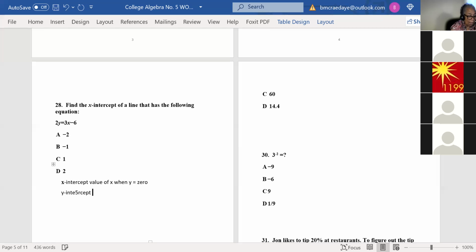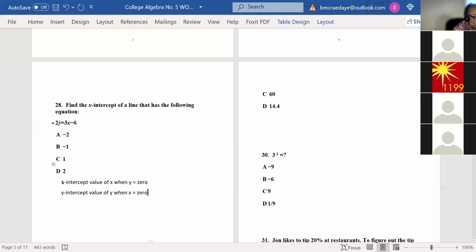The x-intercept is the value of x when y equals 0. So to find the x-intercept, set your y to 0 and solve for x. So do that right now.